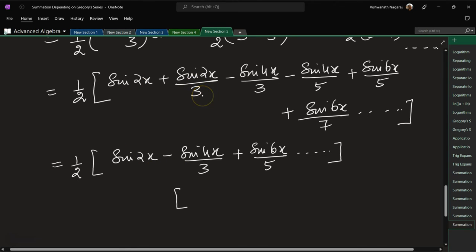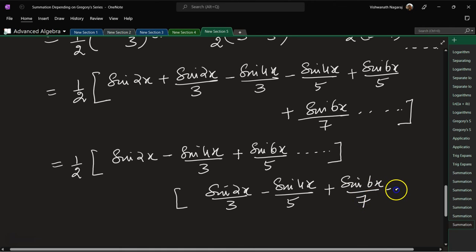Sine 2x by 3 is remaining. So sine 2x by 3 plus, no, not again plus. What is the next one? Minus sine 4x by 3 is already gone. So minus sine 4x by 5 plus sine 6x by 7 and on and on and on.